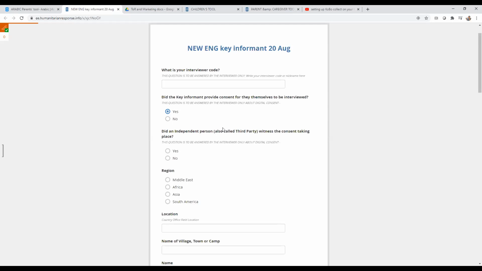I did not mention that, but I think it will not be possible to literally use the same one as the parents, because this is talking about consent for their children. Exactly. But if you leave out the question about the children, and say, do you provide consent for yourself? Exactly. Then it should be possible. But in general, follow what has been mentioned in the consent form.